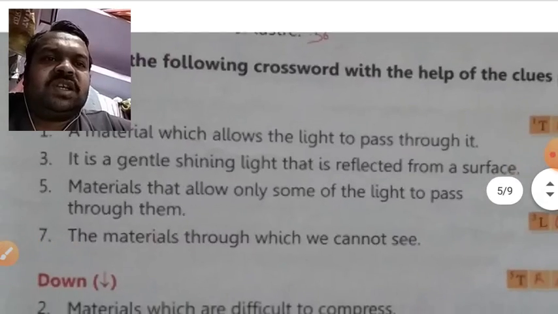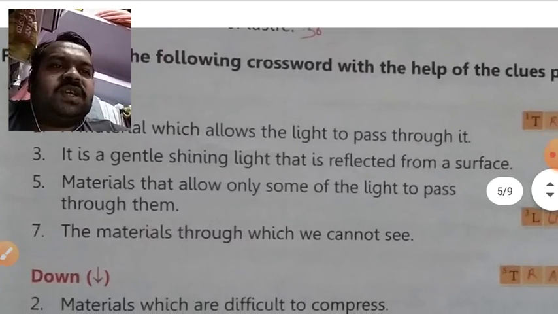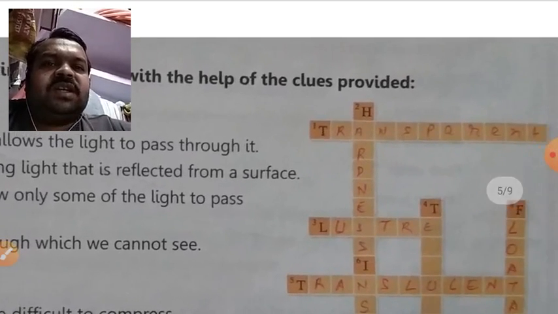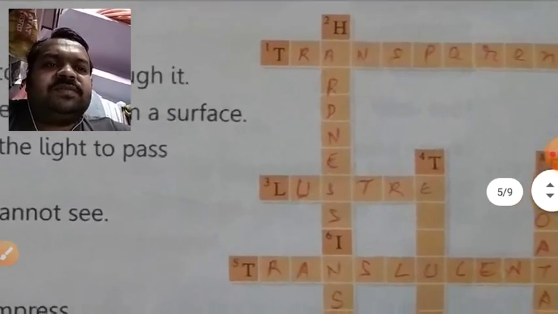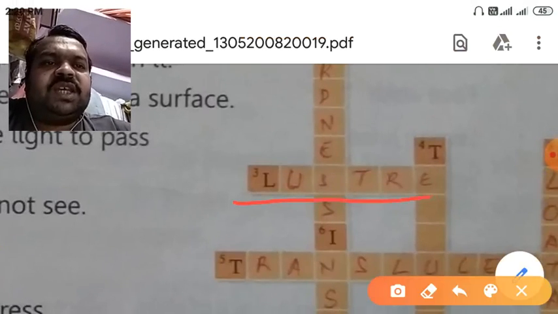It is a gentle shining light that is reflected from a surface. And the answer is given here, luster.